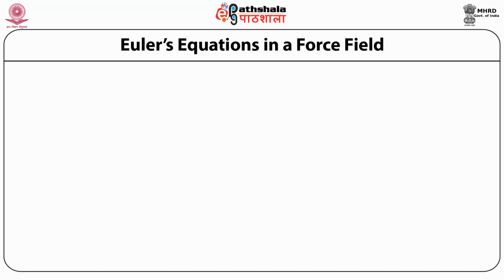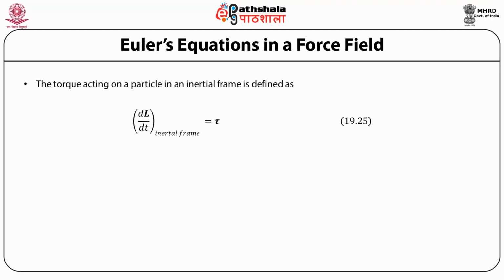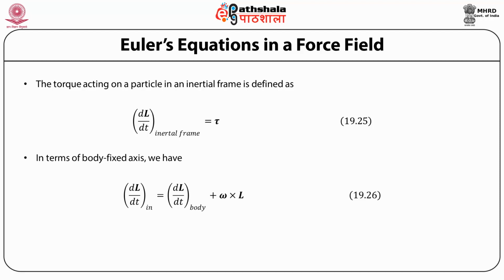Now, Euler's equation in a force field can be obtained because the torque acting on a particle in an inertial frame is defined as the total time derivative of the angular momentum in the inertial frame is equal to the torque. So, in terms of the body fixed axis, the total time derivative of angular momentum in the inertial frame is equal to the total time derivative of angular momentum in the body fixed frame plus omega cross L, as we have seen over and over again.